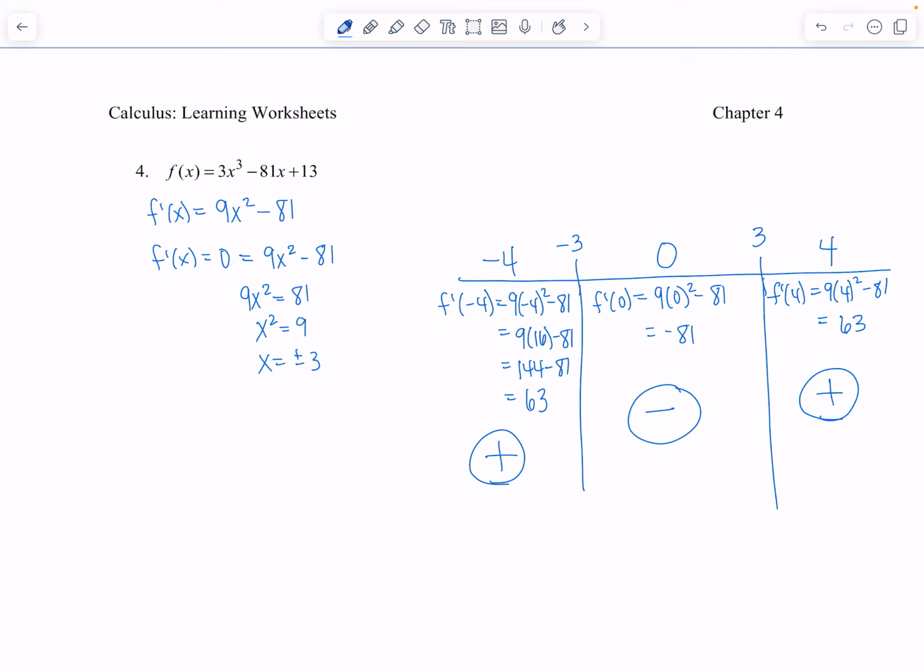So the interval where the function is increasing looks like from negative infinity to negative 3 and from 3 to positive infinity.